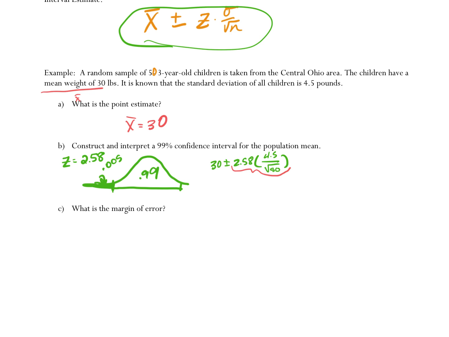Okay. So can we do this? Can somebody do the minus and somebody do the plus for me, please? Plus is 31.64. So that would mean the minus is like 28.36.